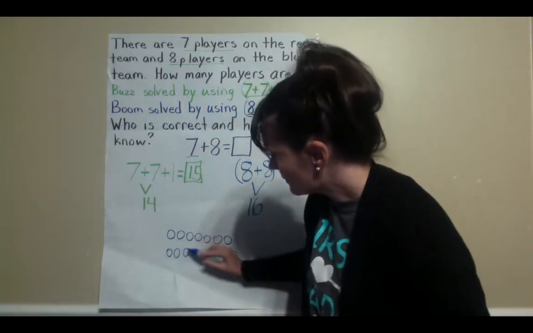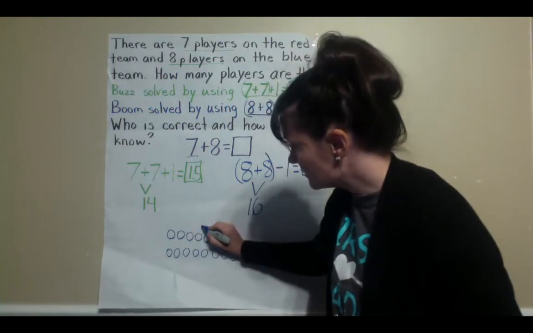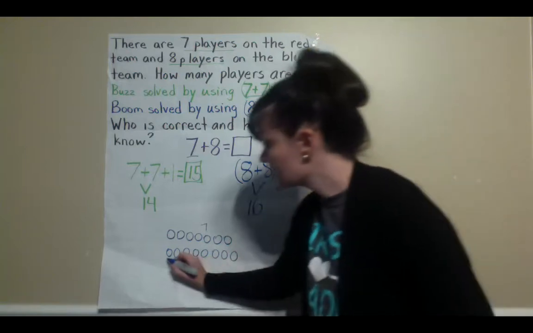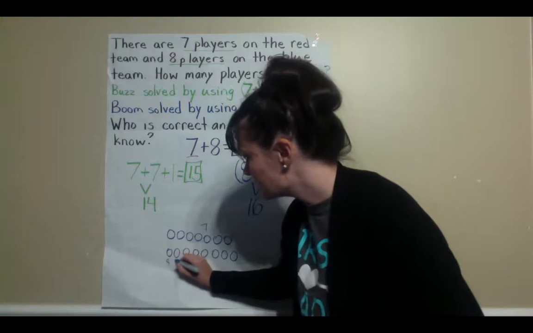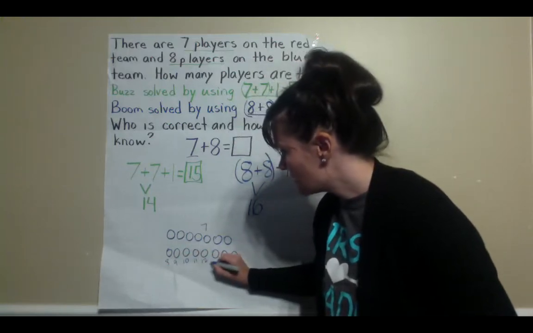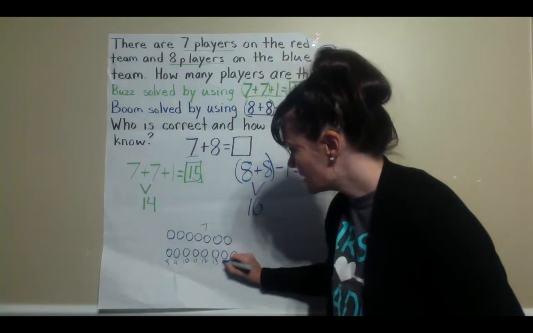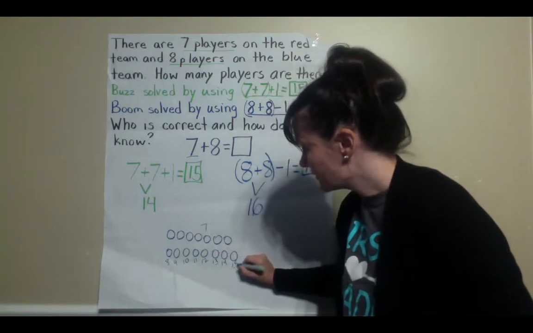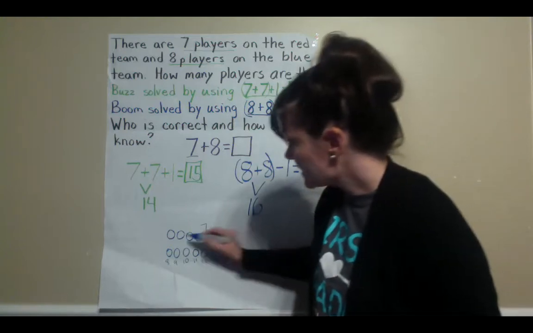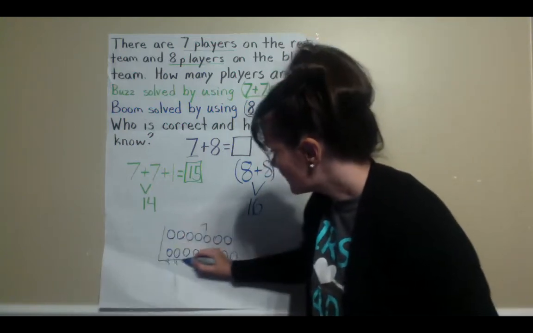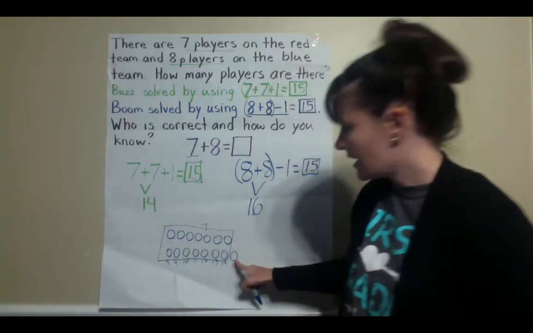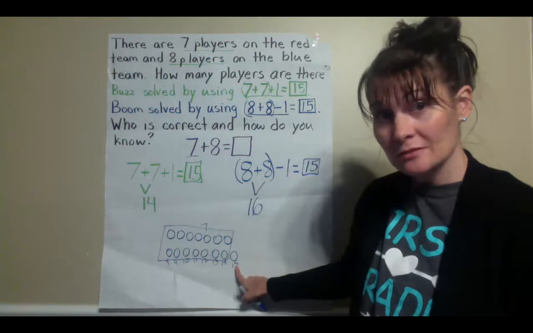Again, I know that this is 7, so I'm going to count on: 8, 9, 10, 11, 12, 13, 14, 15. I see there's 7 plus 7, and there's one more.